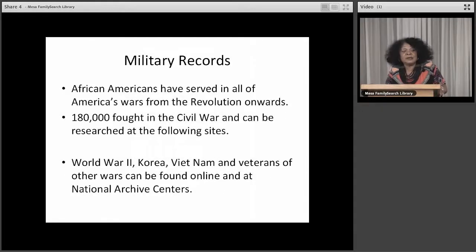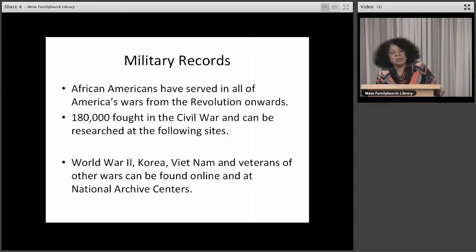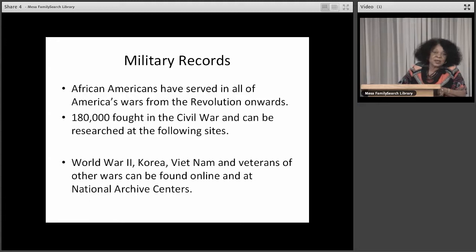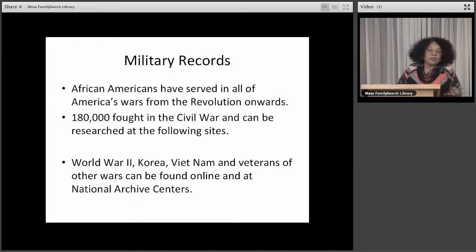African Americans in military records. We have fought in every war this country has ever engaged in, beginning with Peter Salem and Crispus Attucks at Bunker Hill, the Battle of Chalmette, or what they call the Battle of New Orleans, with Andrew Jackson.